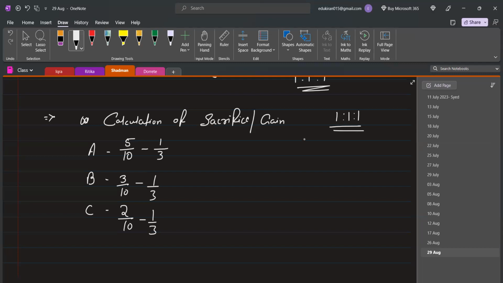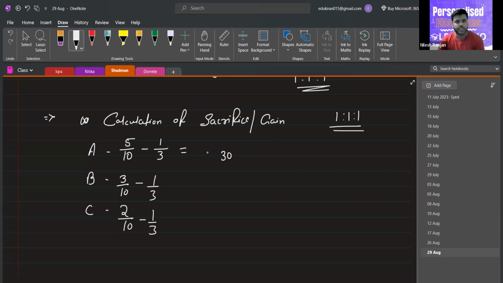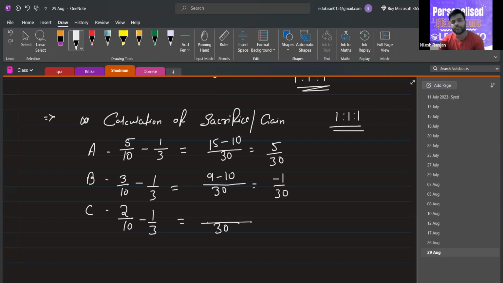Because these three are 1/3 each. So with 30 as denominator, 15 minus 10, 5 by 30. Then 9 minus 10, this is minus 1 by 30. And 6 minus 10, this is minus 4 by 30.